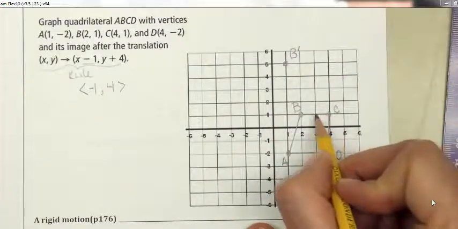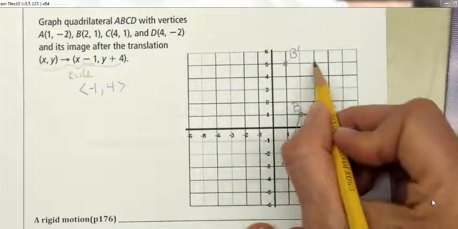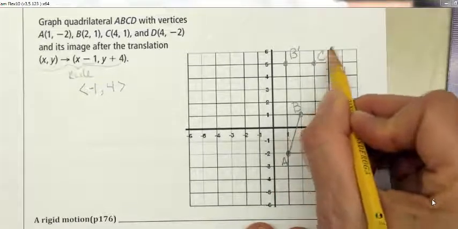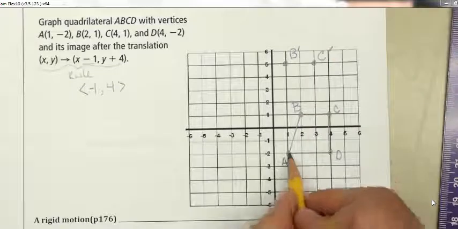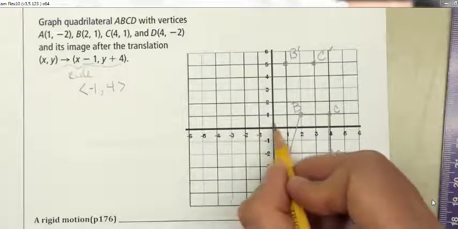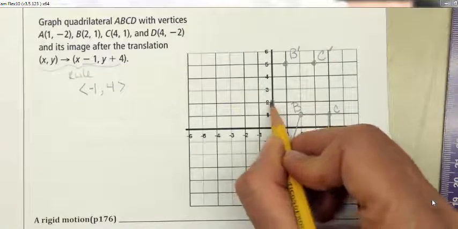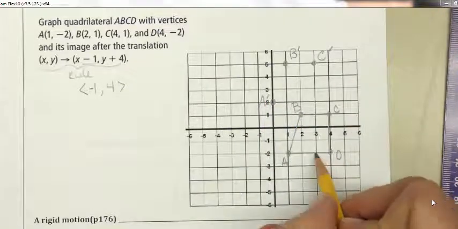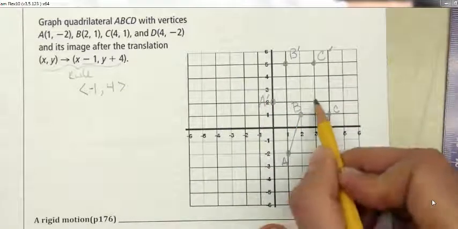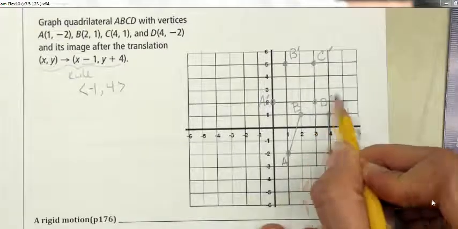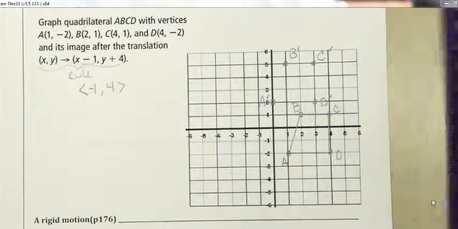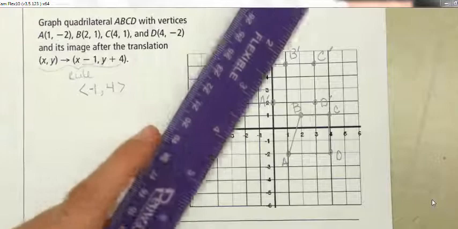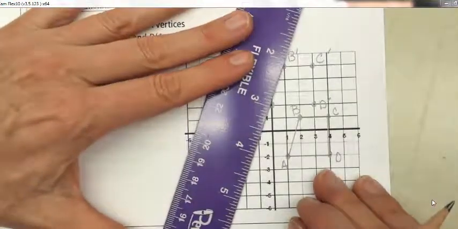C, I'm going to go left 1 and up 4. 1, 2, 3, 4. That's C prime. A, I'm going to go left 1 and up 4. 1, 2, 3, 4. That's A prime. And D, I'm going to go left 1 and up 4. 1, 2, 3, 4. That's D prime. So then maybe I'll make these different, well, I'll do this first and then I'll highlight them. How about that?